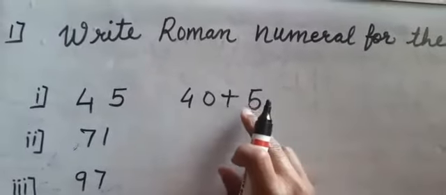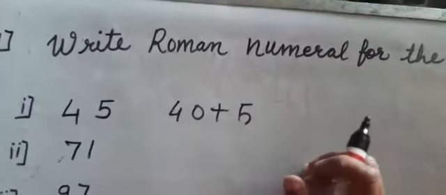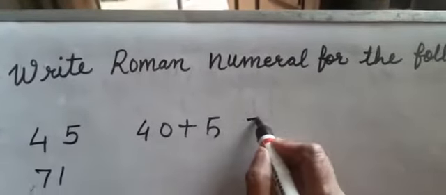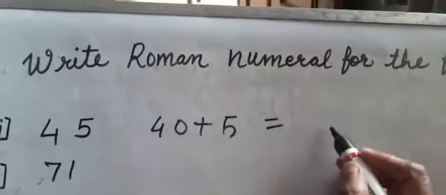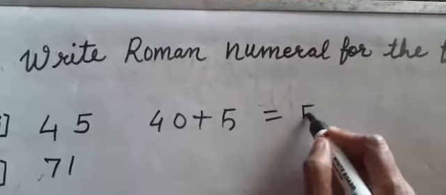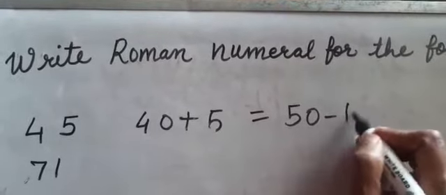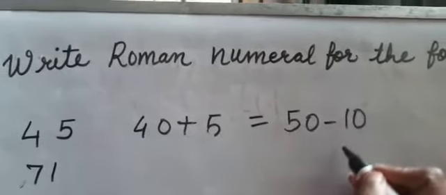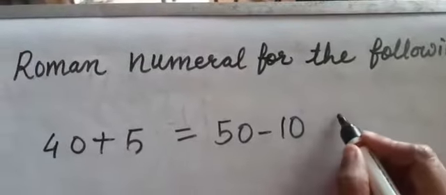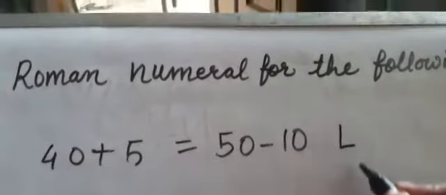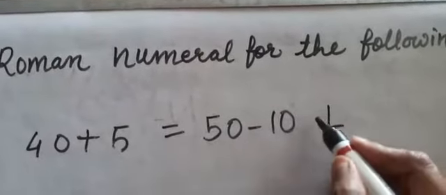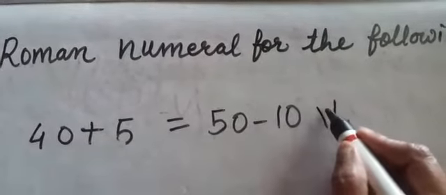Yes, we have seen there is no sign for 40, but we can write down 40 as 50 minus 10, because we have a sign for 50. The sign for 50 is L, and if we want to subtract 10, we will write X before it.